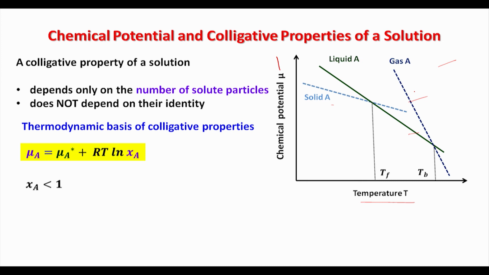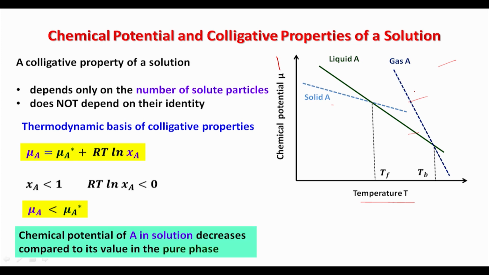Now XA is less than 1 in the solution, therefore RT ln XA must be less than 0. Therefore, I must be having mu A less than mu A star at a given temperature in solution, and therefore I conclude that the chemical potential of A in solution decreases compared to its value in the pure phase.